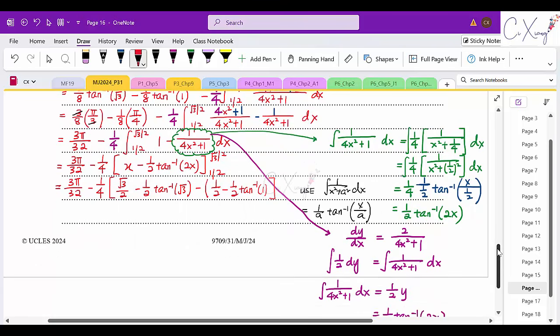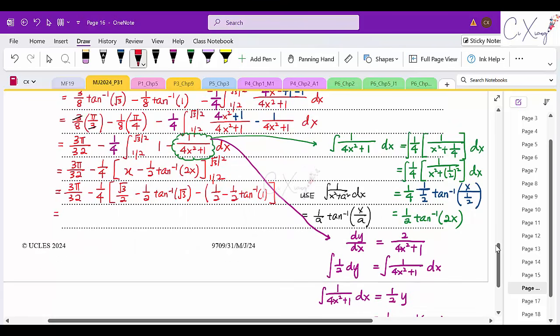For the remaining part, you just need to make sure that you simplify the answer very carefully without making careless mistakes. Then by right there should be no problem for you to get the answer. So root 3 over 2, tangent inverse root 3, you will have pi over 3, which is 60 degrees.